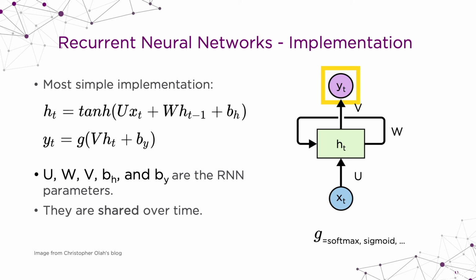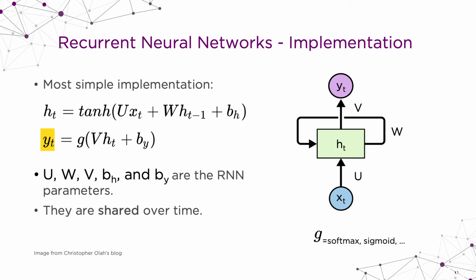And this is similar. You see that y_t is a function, in this case, just of the internal state, so this h_t that I just computed in the previous operation. And you see again that we have more parameters. We have V, and we have the bias b_y. We multiply, we sum, and we apply a nonlinearity that I call g, and that's our output.